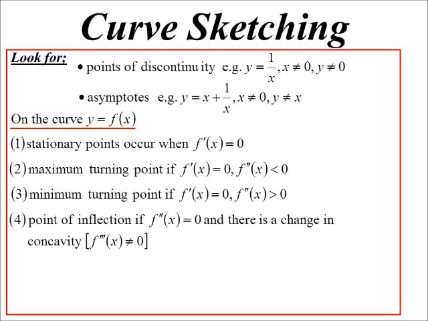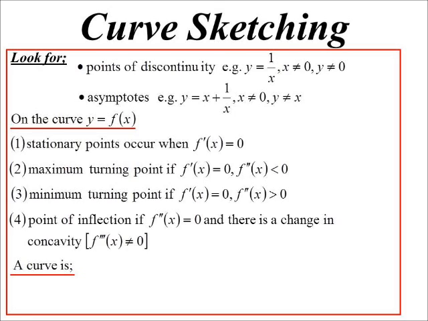They might do that because they want to see if you know how to find them. But if it just says, sketch this curve, show important features, I'm not really that fussed about inflection points. Turning points are important because you want to know how high or how far down it goes. X-intercepts, Y-intercepts, they're important. But points of inflection, not that important really.